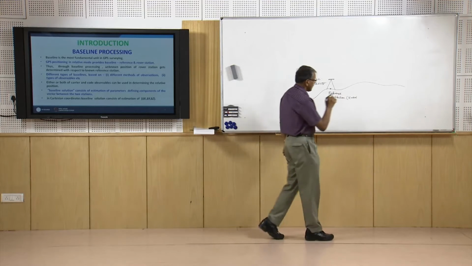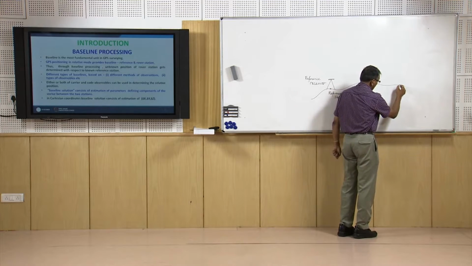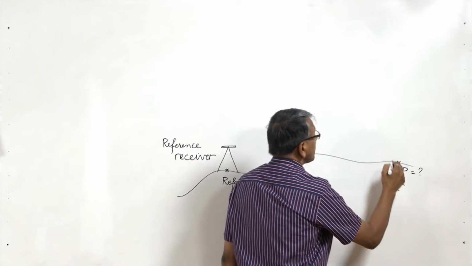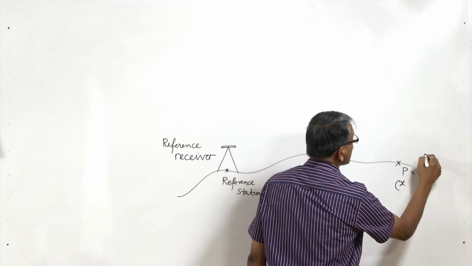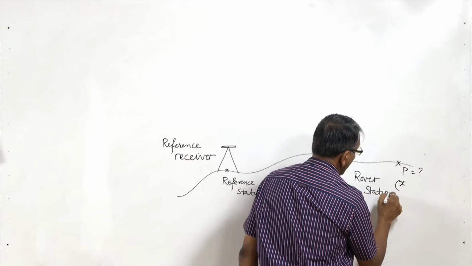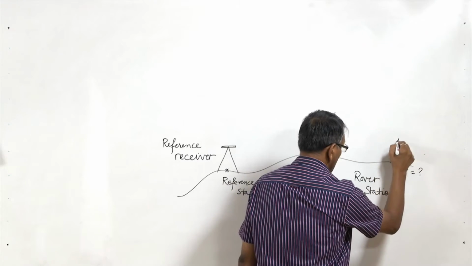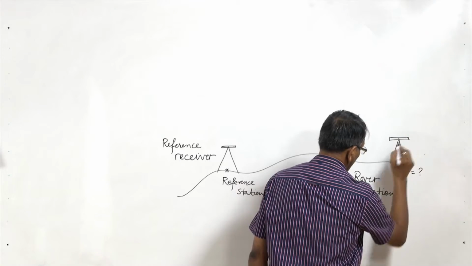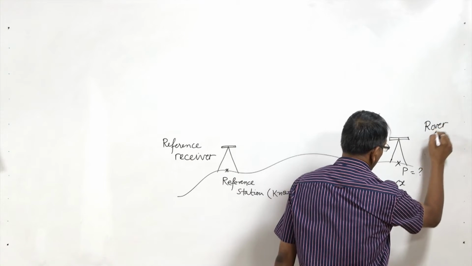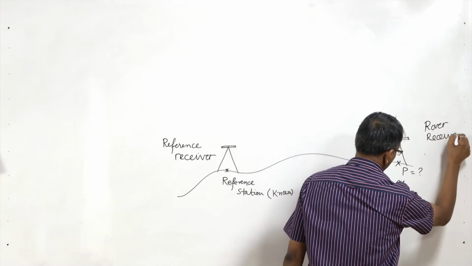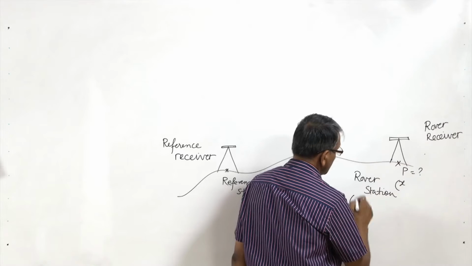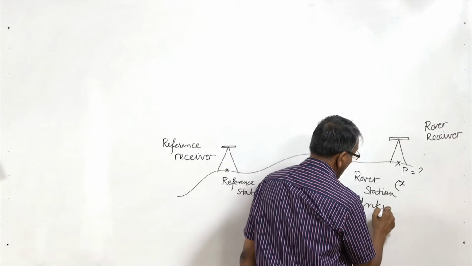Corresponding to this, we take another receiver at the point whose position we want to find out. This is considered the rover station, and the receiver placed on it is called the rover receiver. This is a station whose position is unknown.